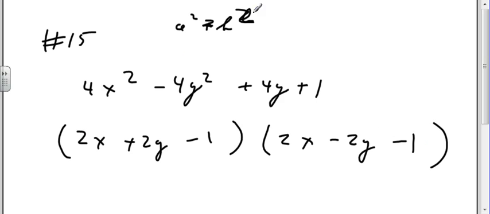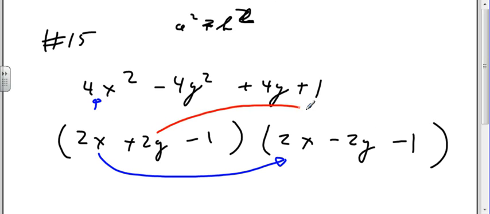Okay, so if I do that, I've got this term right there, and I've got that term right there. The x term does not go away.